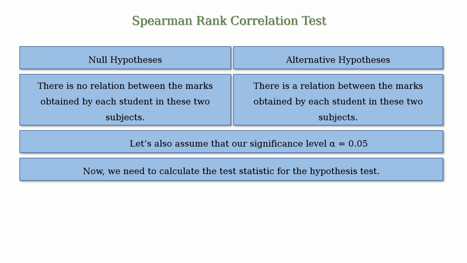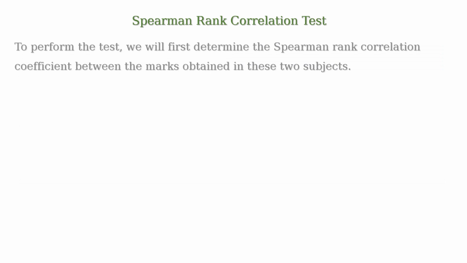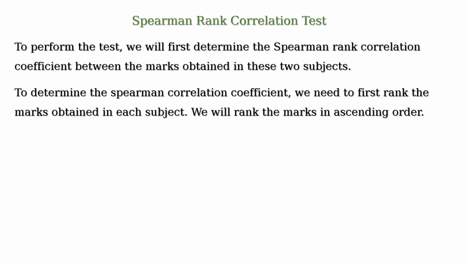To perform this test, we will first determine the Spearman rank correlation coefficient between the marks obtained in these two subjects. To determine the Spearman correlation coefficient, we need to first rank the marks obtained in each subject. We will rank the marks in ascending order.